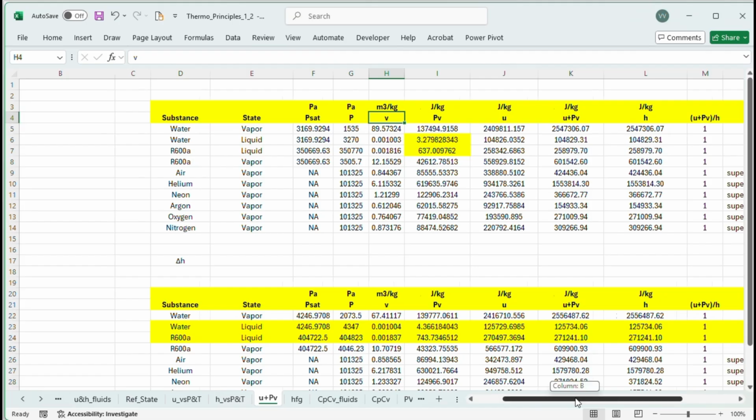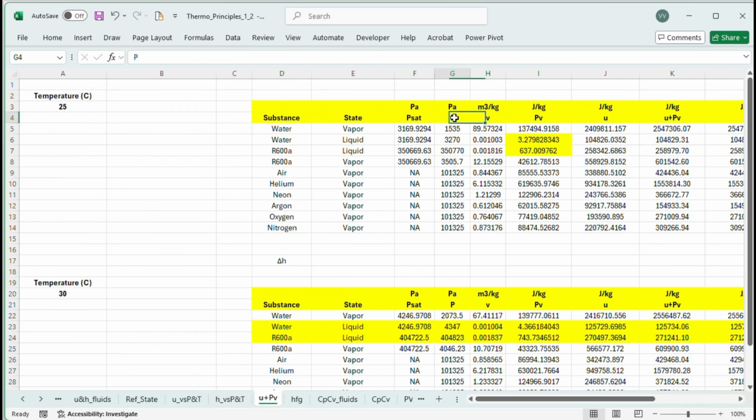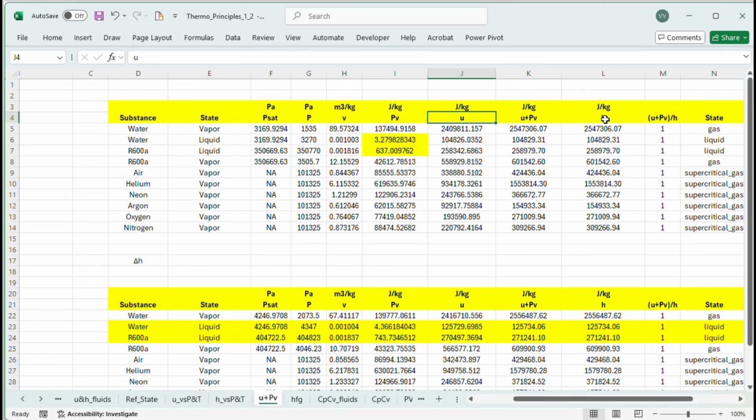Here we started with pressure and temperature, then calculated specific volume, and then used pressure and specific volume to calculate U and H.